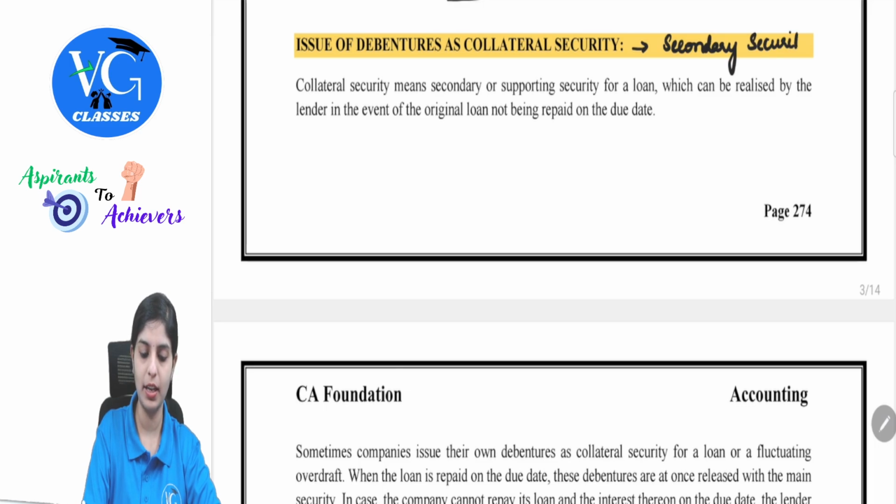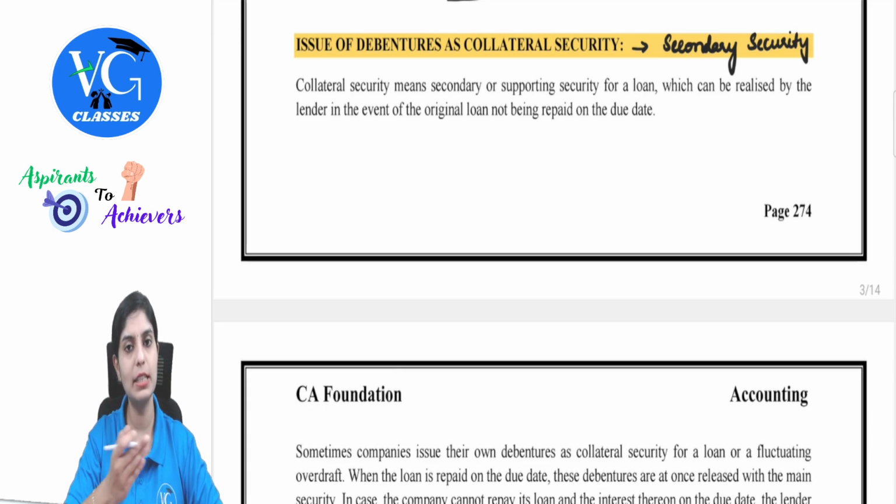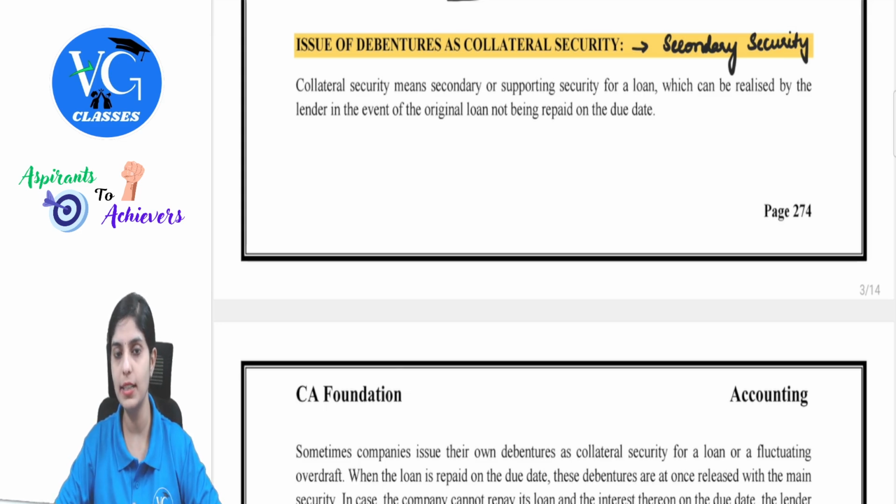Now, to put this in an example, assume I as a company have borrowed a loan from a bank. I would have pledged some of my properties, that is business assets, to borrow that loan. The bank also demands additional security as a collateral. So what the company does is they will just keep these debentures as an additional security.